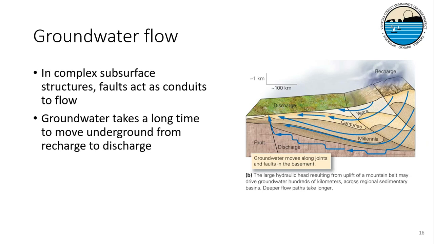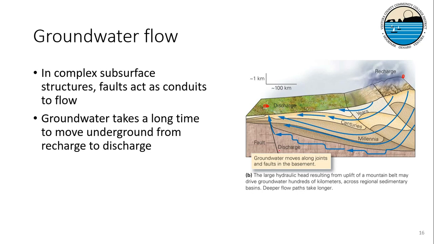But in this simplified diagram, water from recharge up here could take years, and in the lighter tan, this takes centuries and millennia down here. So if we expect a drop of rain from over here to be collected at our discharge point over here, that could take millennia to get there.